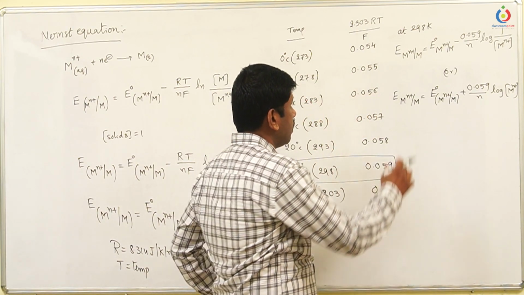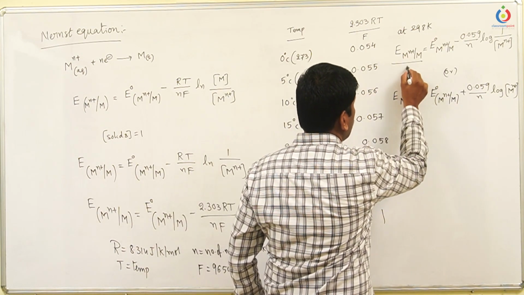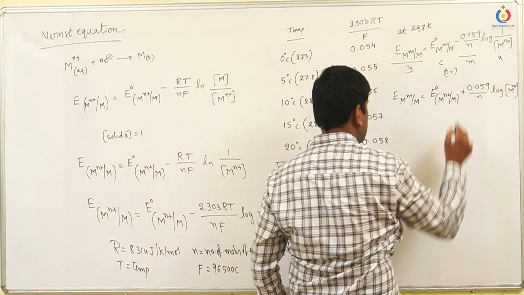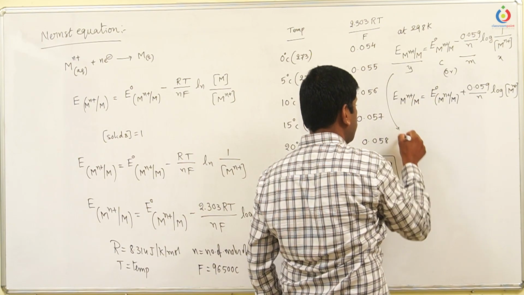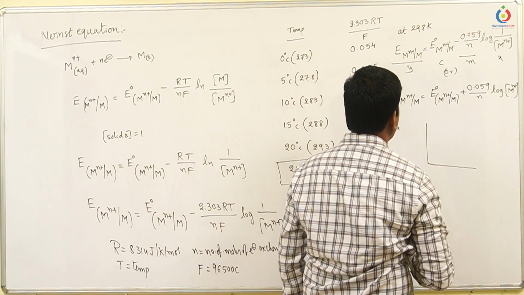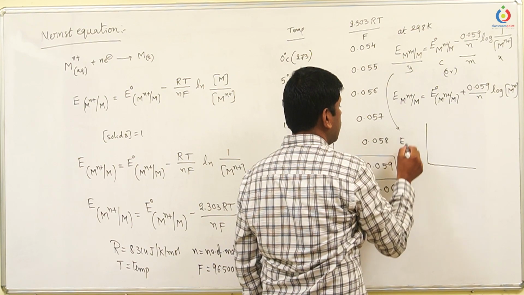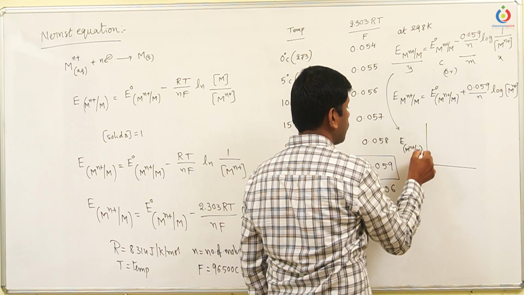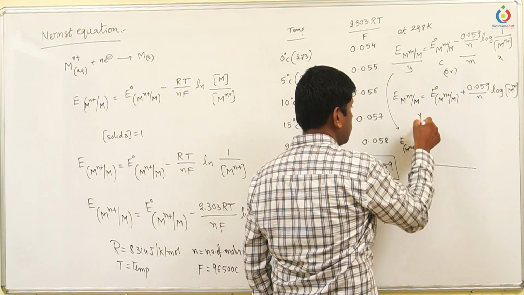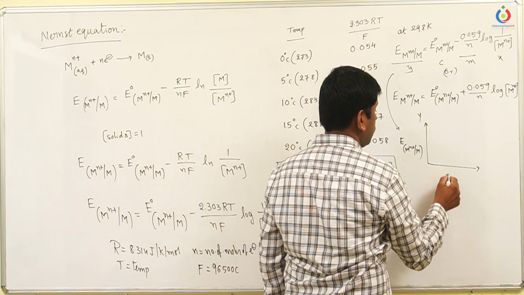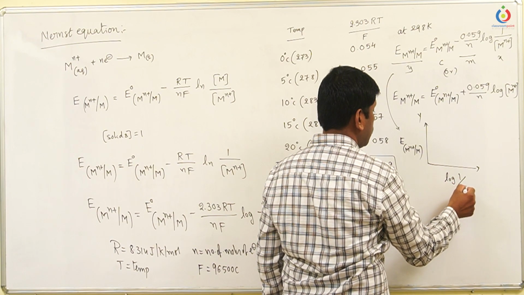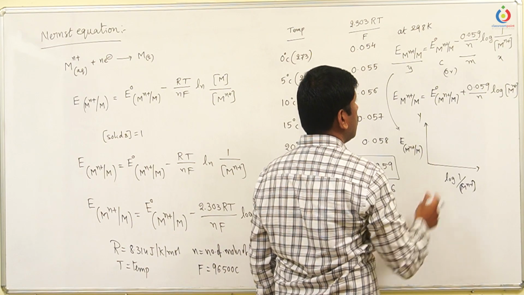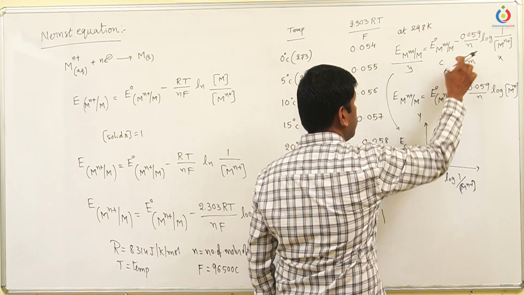By taking this one, it is a graph of the form y equals mx plus c. If you draw a graph with the electrode potential of Mn+ by M on the y-axis, and on the x-axis the log 1 upon the concentration of Mn+, then it is a negative slope.